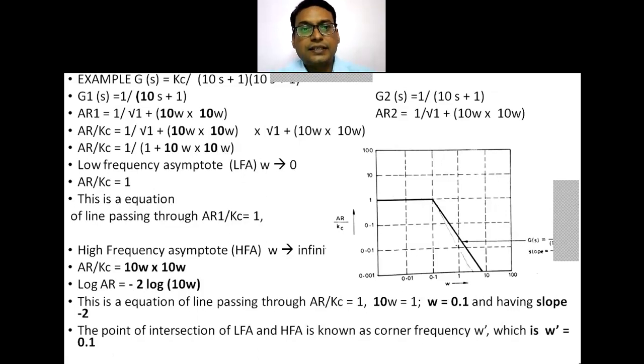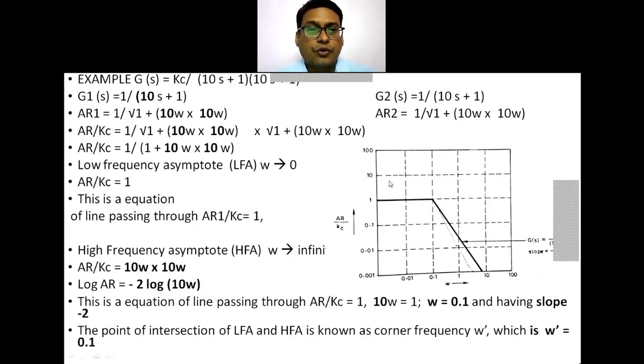Now the first thing is the low frequency asymptote, which is omega tends to 0. So I am going to substitute omega tends to 0. That means I will be left with 1 plus 0, that is 1 upon 1, so the amplitude ratio is equal to 1. This is the low frequency asymptote. So I am going to plot this amplitude ratio against the frequency omega.